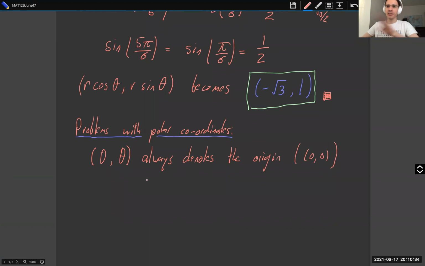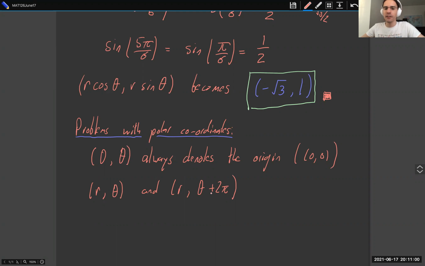So the representation is not unique. But also, at the same time, suppose that we change the angle and we add 2 pi to it. (r, theta) and (r, theta plus 2 pi). So if you go around the circle and you wrap around, what ray do you get?